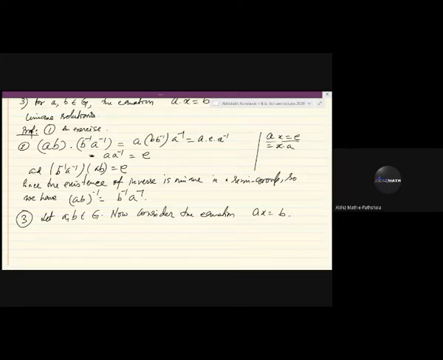Just multiply both sides of this equation with A inverse, right?